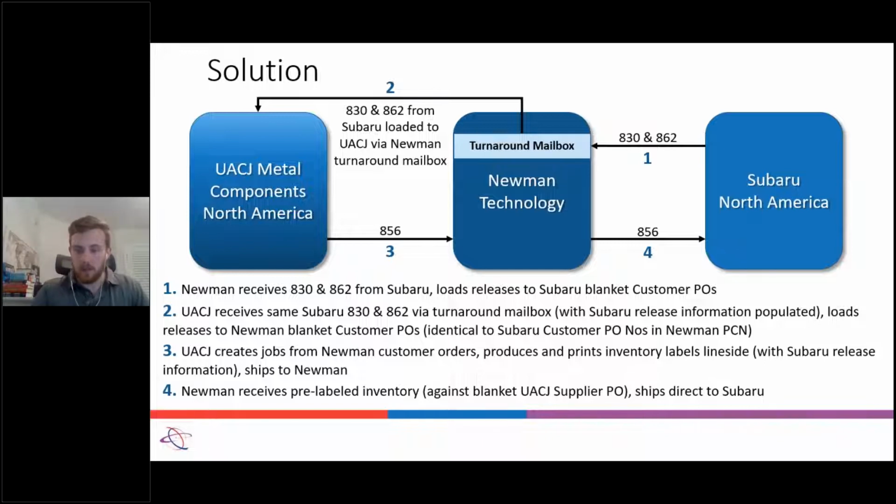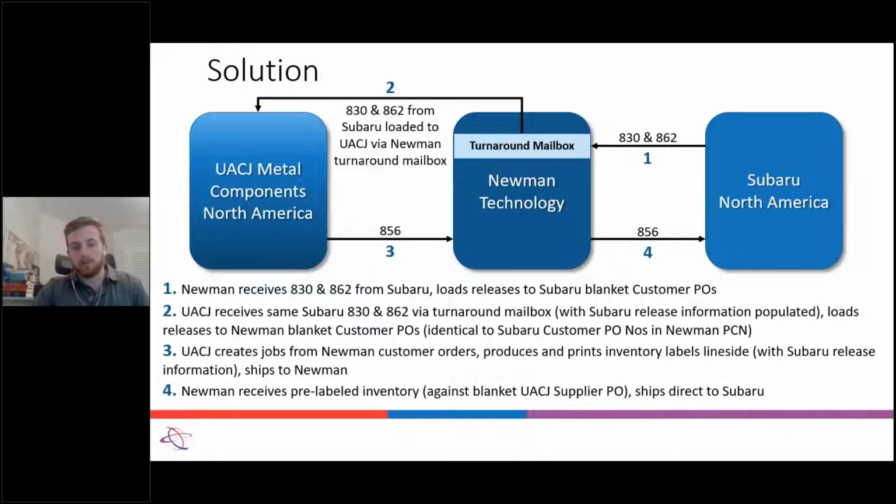On those documents, we specify that they are turnaround documents and specify a turnaround mailbox also in the receiving PCN, which in this case, at this step, is Newman. Once those documents are loaded into the customer mailbox, they are immediately turned around to the turnaround mailbox, which has the destination code to be sent to UACJ.